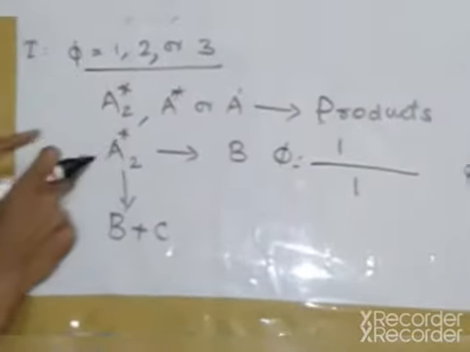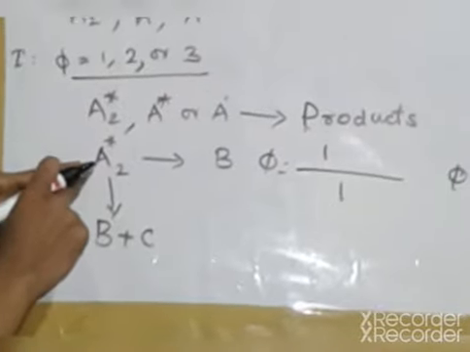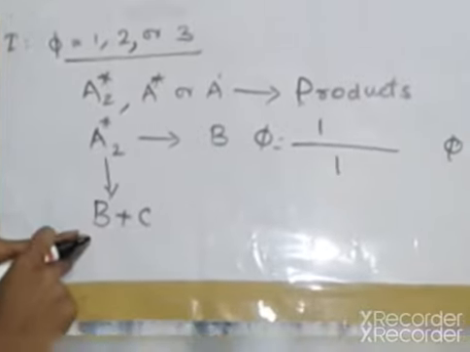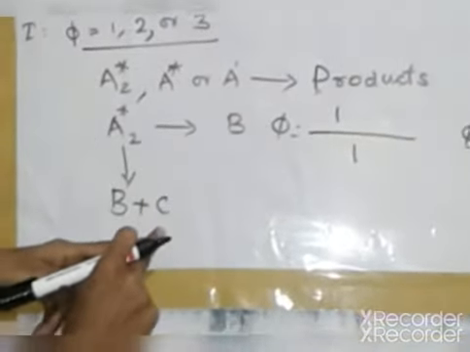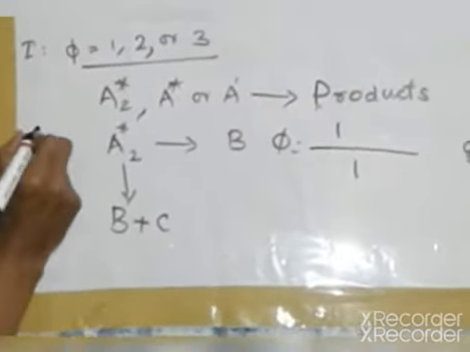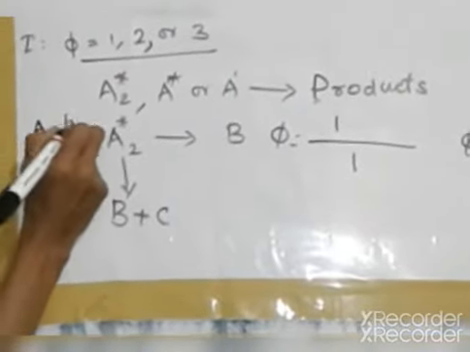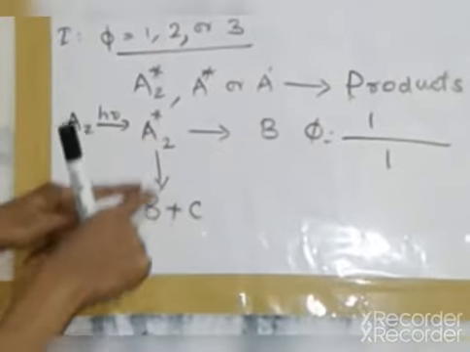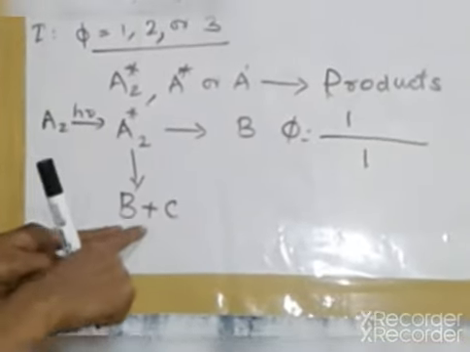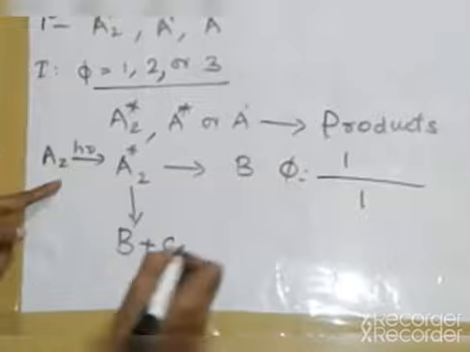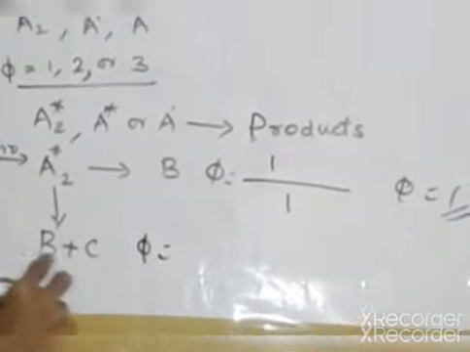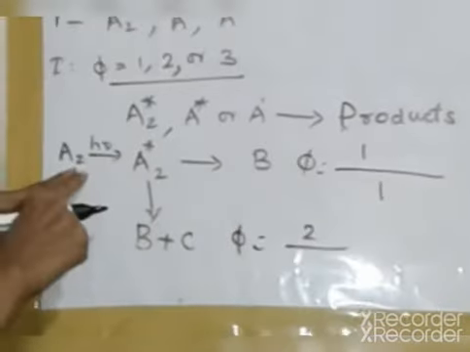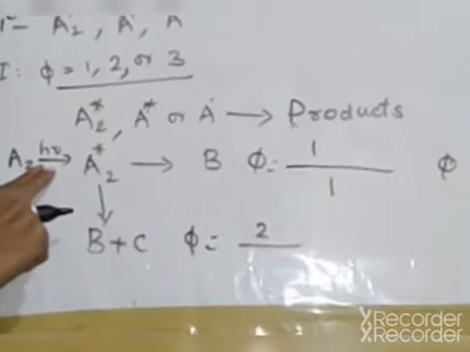In some cases the A2 star molecule may undergo reaction to give two products, B and C. In such cases A2 absorbs h nu, gives A2 star, and it is converted into the products B and C. The number of products formed is 2, but the number of quanta of radiation absorbed is 1.